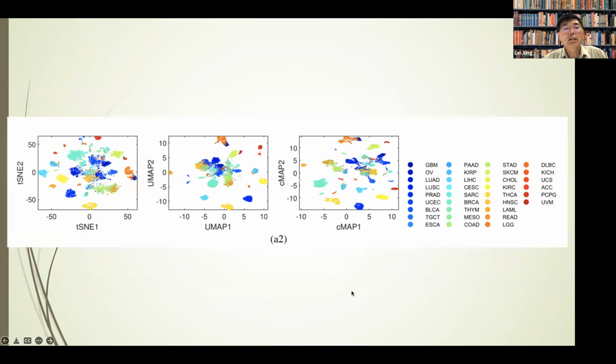Just to show you the difference: this is the traditional method for visualizing high dimensional gene expression data, just as an example. With deep learning, you can see much better. A lot of things are clustered together, and now you can see them. That will translate into increased accuracy.